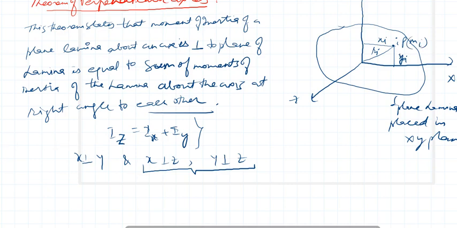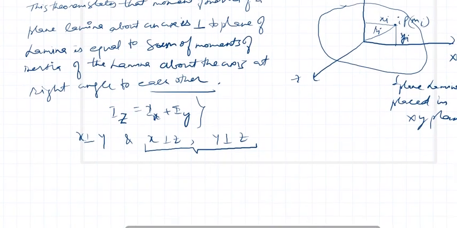Now, the moment of inertia about the x-axis, let me denote it by Ix. If it starts rotating about the x-axis, the distance of the ith point from the x-axis is yi. That means Ix can be written as the summation of mi yi square.